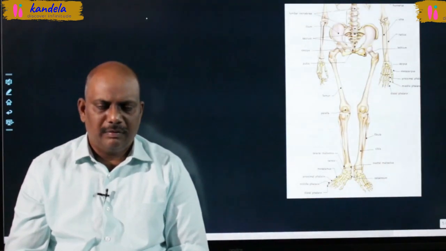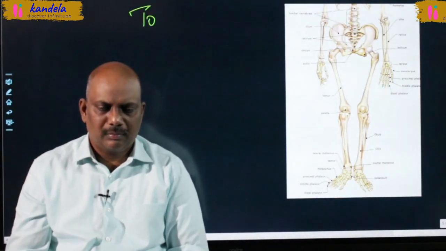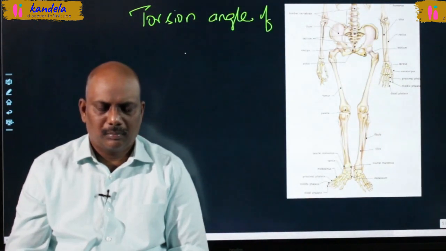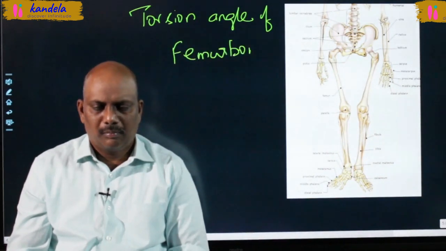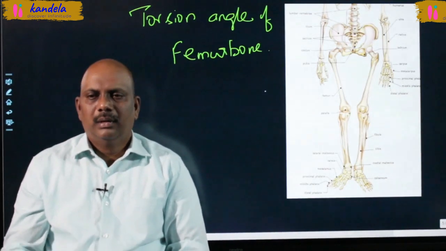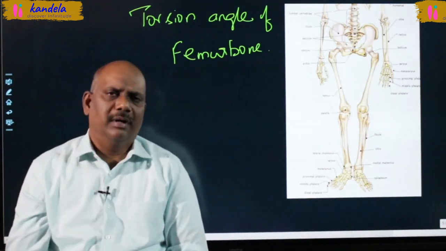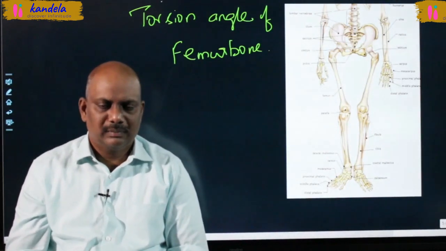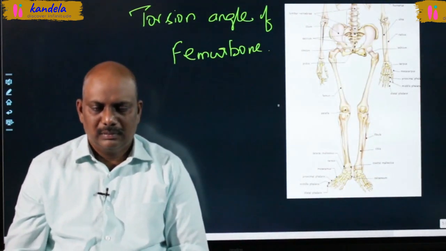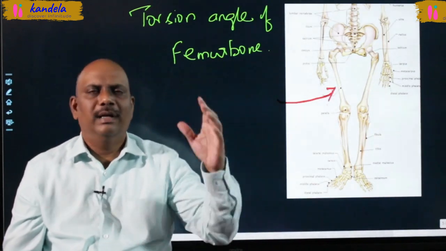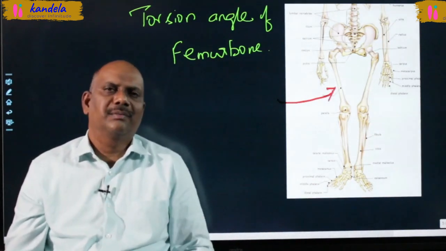Torsion angle of the femur bone. The femur bone is the largest bone of our body, the bone found in our thigh region.